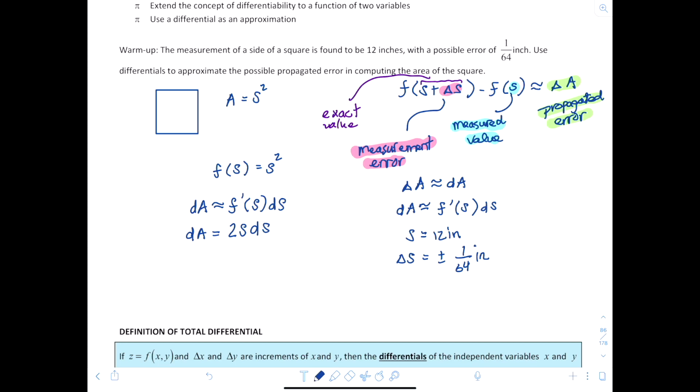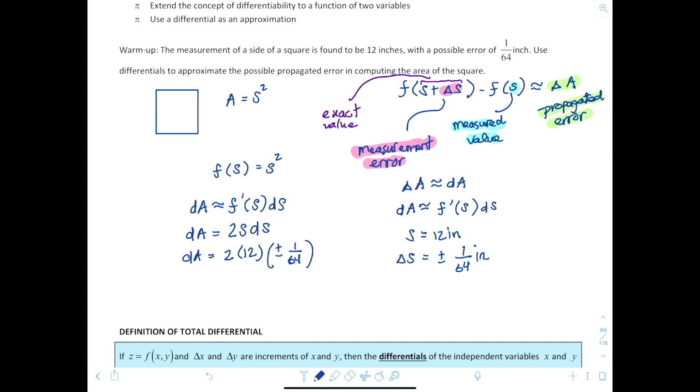So let's take a look, plugging this information in. So our dA would equal 2 times 12, times plus or minus 1/64th. So let's see what we've got going on.